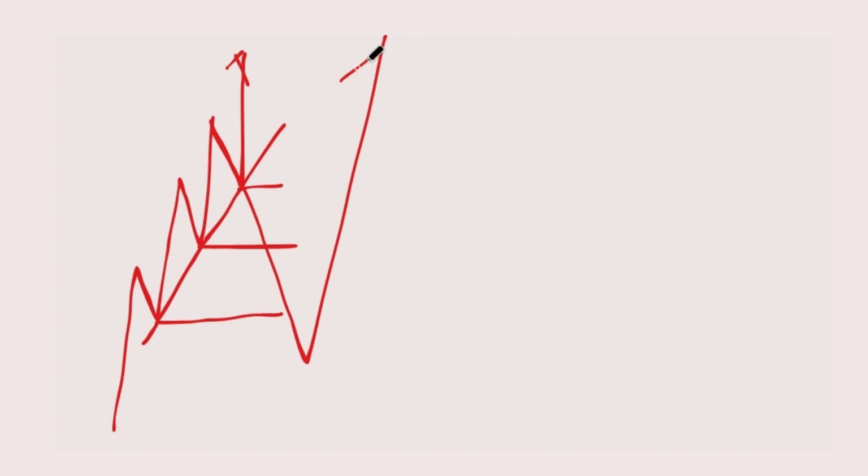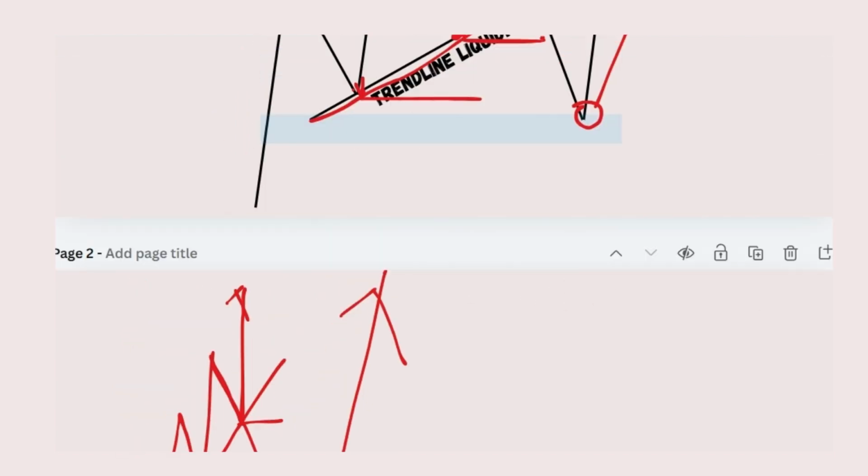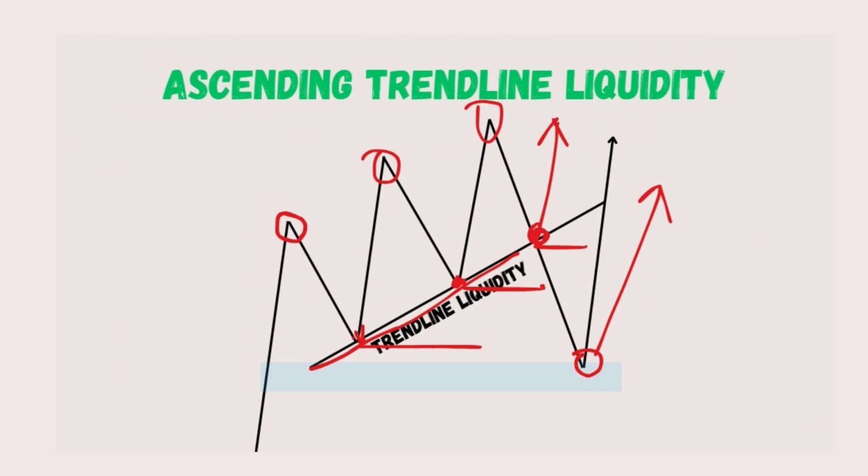Market need liquidity to move. So lot of buy order placed here will be taken. Lot of buy order placed here will be taken, and from this below zone also taken. So the market will come down and then reverse. So that's it for ascending trend line liquidity. I hope you understand this concept. Let's move to descending trend line liquidity concept.